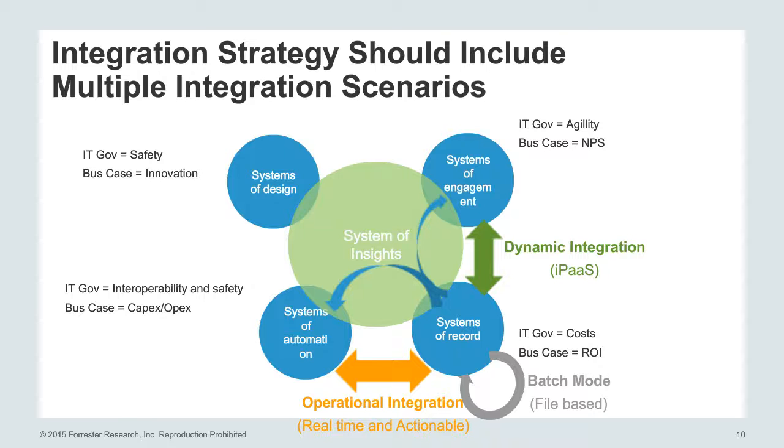One deals solely with dynamic integration, and that's the iPaaS, Integration Platform as a Service. The other category is the products which are now more of a strategic investment for large enterprises, which want to deal not only with connecting the system of engagement to system of records, but want to plan a strategic investment for integration, which will also include the integration with system of insight, system of automation, and system of design. And that's the category of product that we are calling hybrid integration.